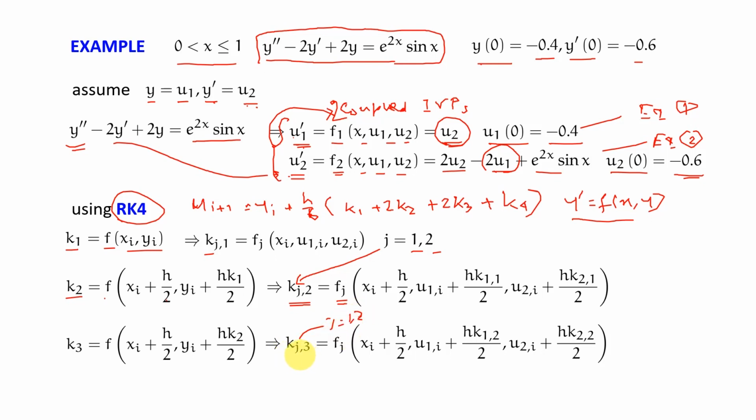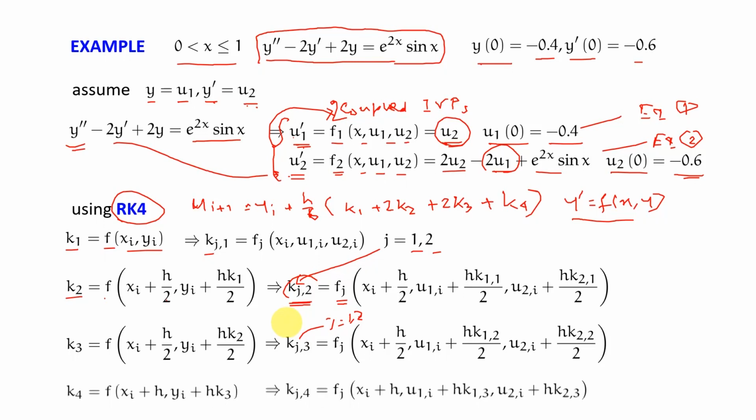So k13 will be given by f1 of xi plus h by 2, u1i plus h k12 by 2, and k12 we have already calculated over here in kj2, and u2i plus h k22 by 2, k22 also I have calculated here.